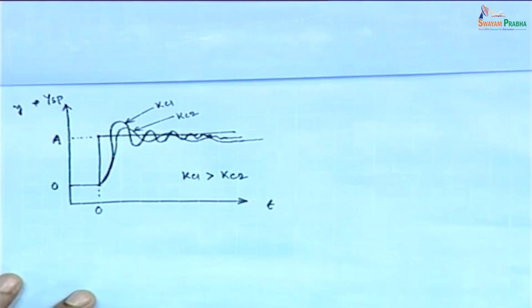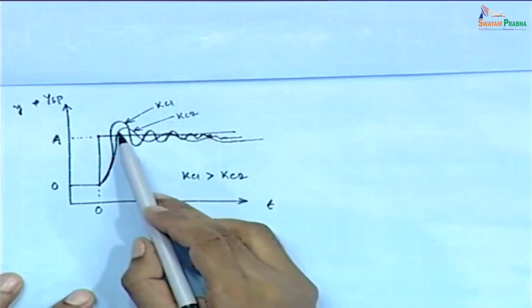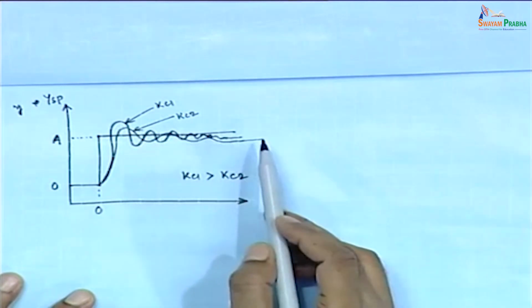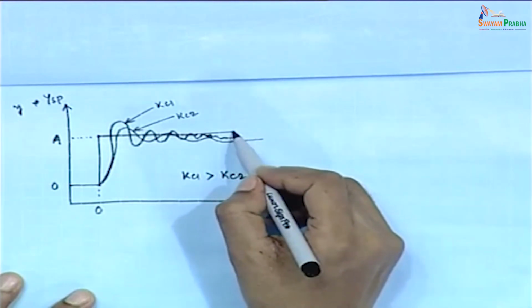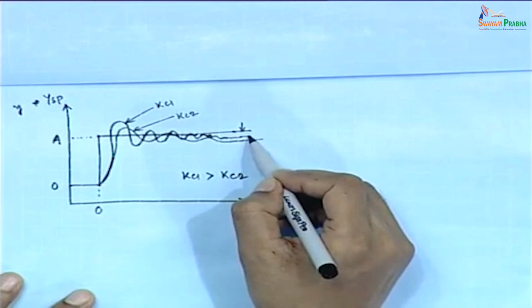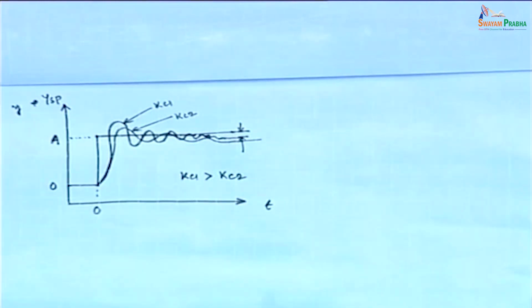For the large Kc, that is Kc1, we obtain a more oscillatory response, and second, for large Kc the offset is relatively small.